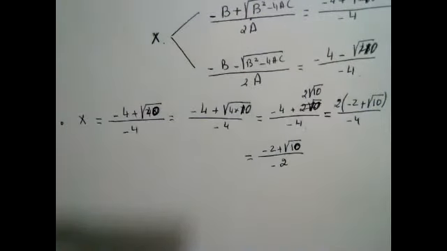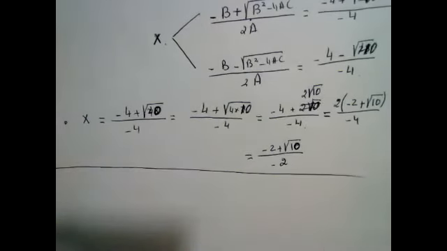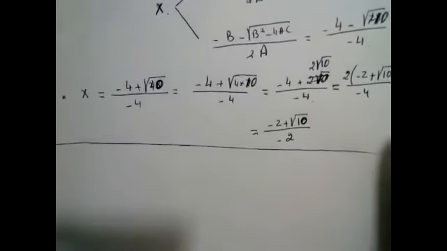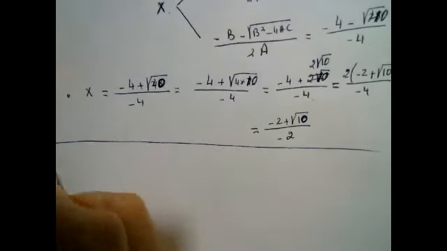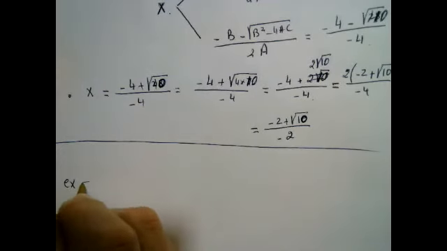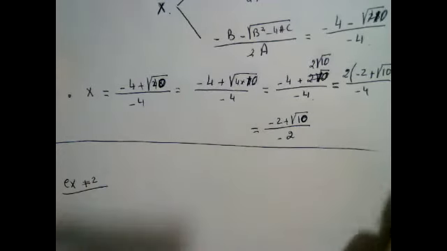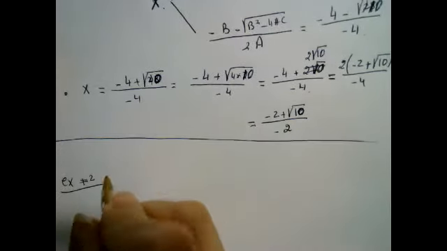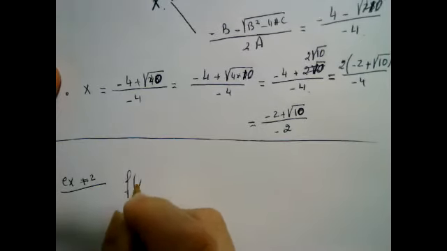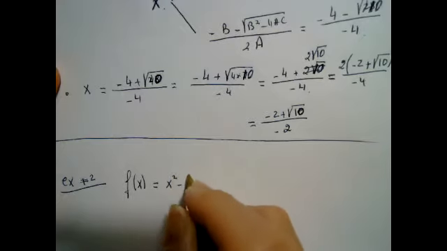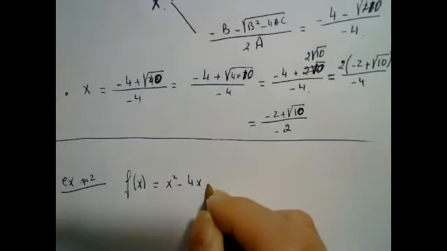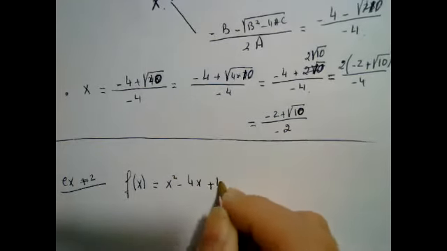Okay, all right, so let's take up one more problem, and then I think we can almost wrap up this section. So example number 2. Suppose I have the following function, f of x equals x squared minus 4x plus 4.